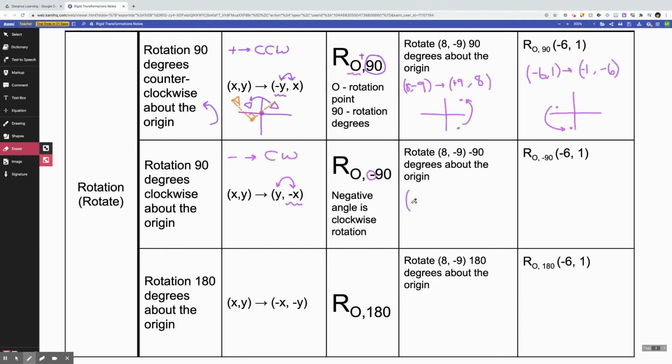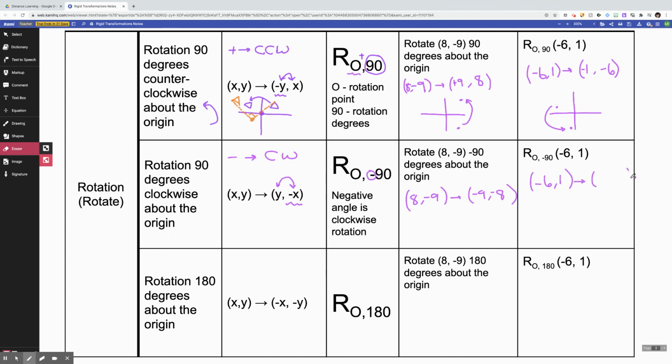So if my original point is (8, -9), I'm still going to switch my x and y values: (-9, 8). And then I'm going to change the sign of my second coordinate. So this becomes (-9, -8). Okay. Same thing with the vector notation. I have (-6, 1).